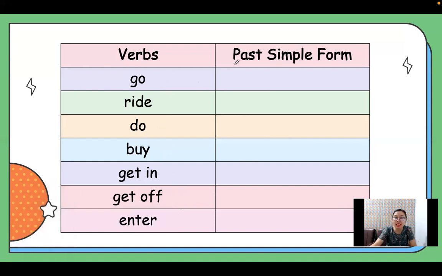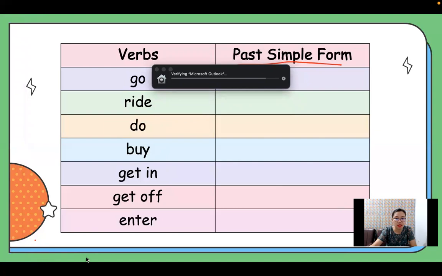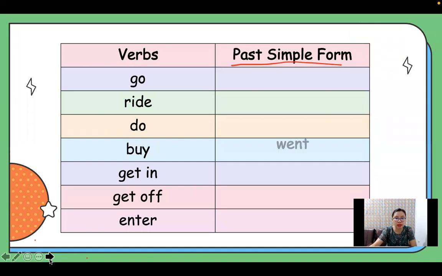Now let's go to the past simple form of these verbs. Most of these verbs are irregular verbs. The past simple form of the word go is went. Next one, the past simple form of ride is rode.